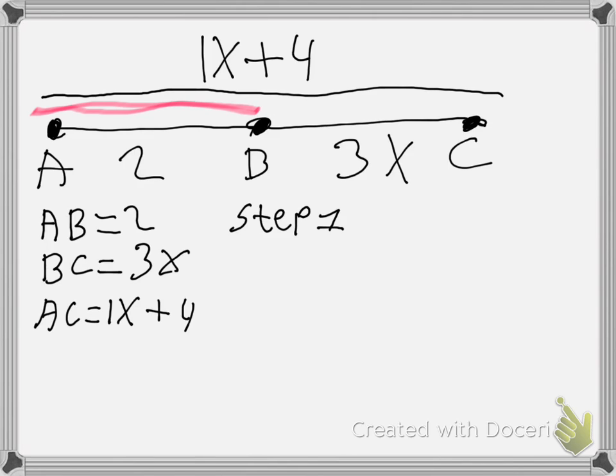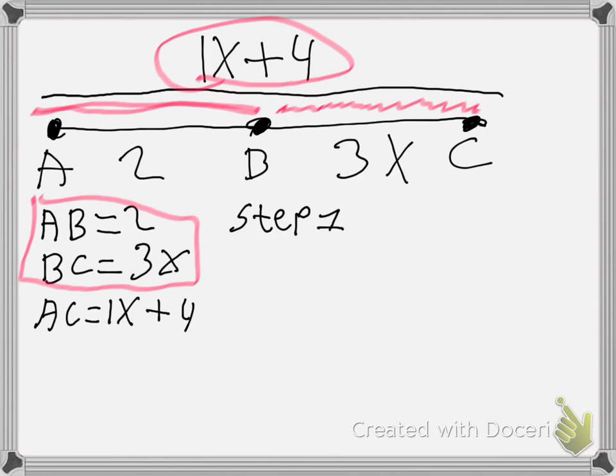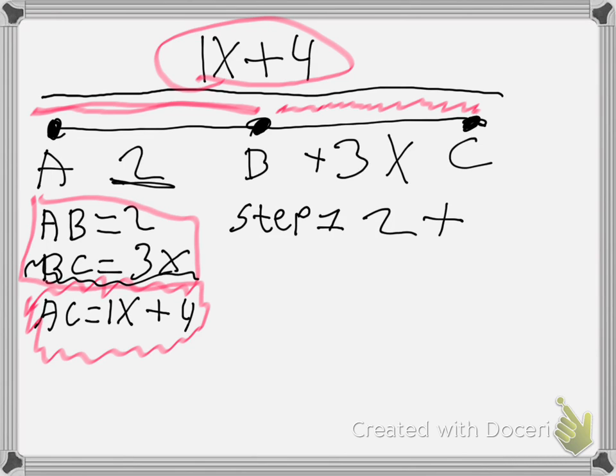And what is the formula? This baby half versus this baby half equals the whole thing. So these versus the whole line. So what is the first baby half? 2. This is a positive, so plus the other baby half, which is 3x.